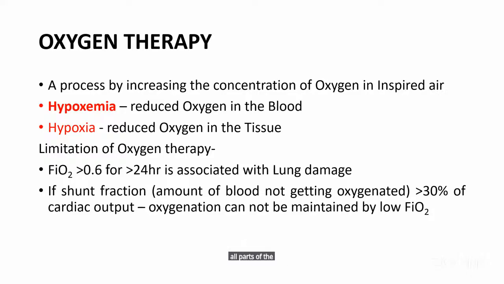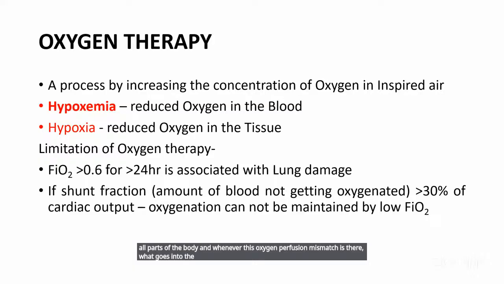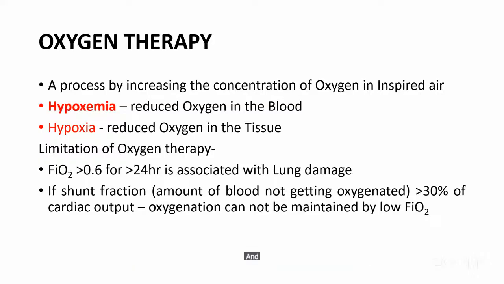Whenever this mismatch is there, the body goes into decreased oxygen supply in the blood, which is called hypoxemia, and which further goes down to a decreased level in the tissue, which is called hypoxia.